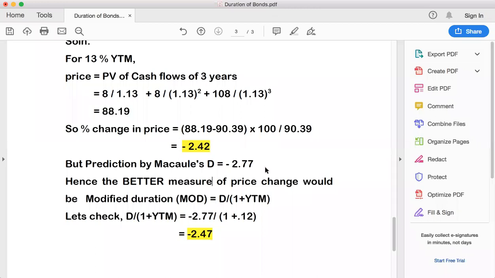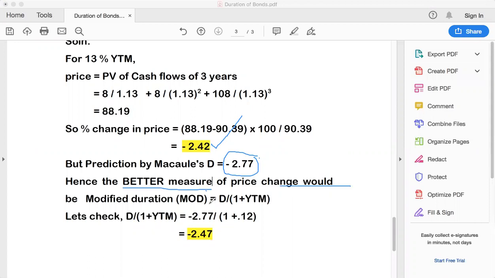Macaulay duration was saying that the price will fall by 2.77%, but the market actually decided that it is going to fall by only 2.42%. Hence, Macaulay's duration is actually giving us more decline than what actually would have happened. So the better measure of the price change, instead of Macaulay duration, will be modified duration.